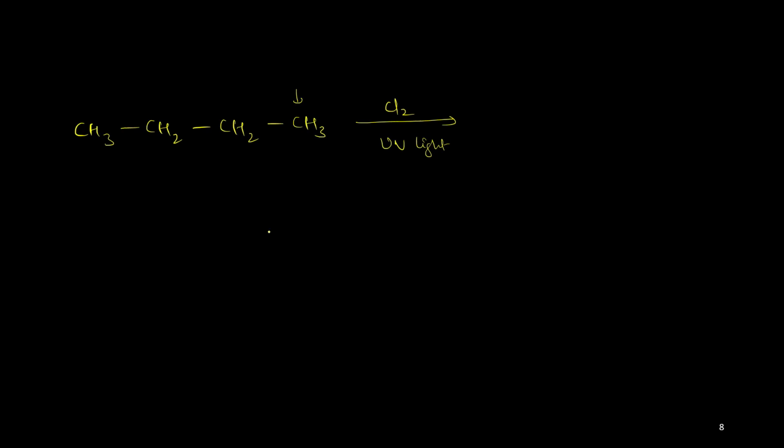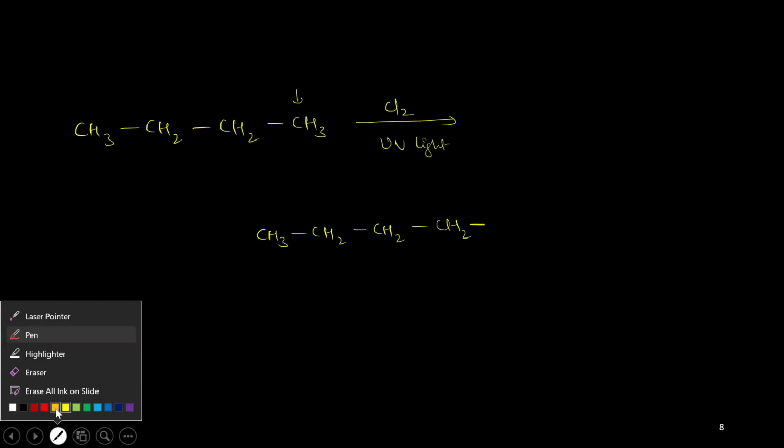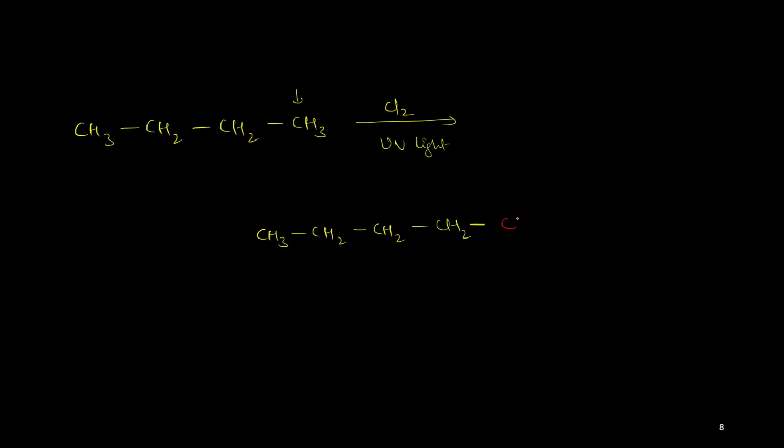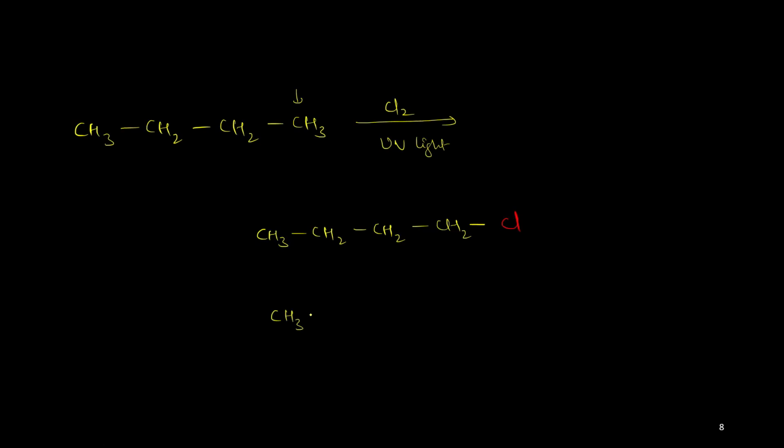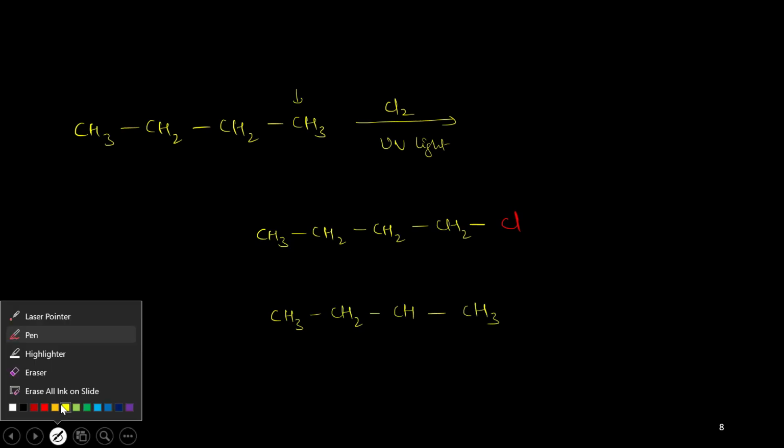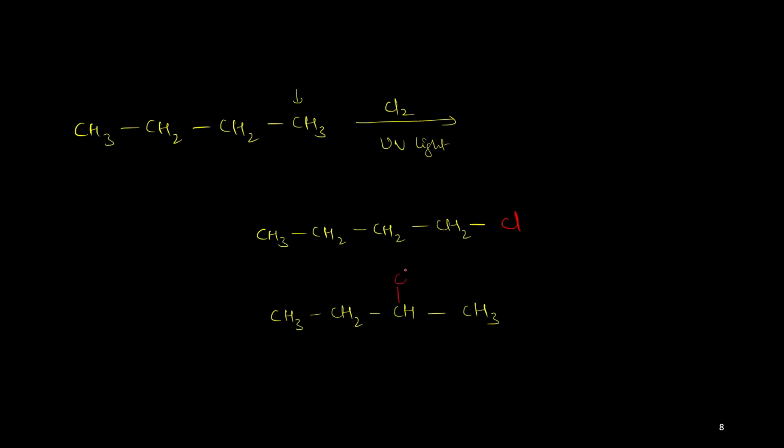So one compound is CH3, CH2, CH2, CH2, Cl, which is attached at the terminal. The second one is CH3, CH2, CHCl, CH3, which is attaching here.